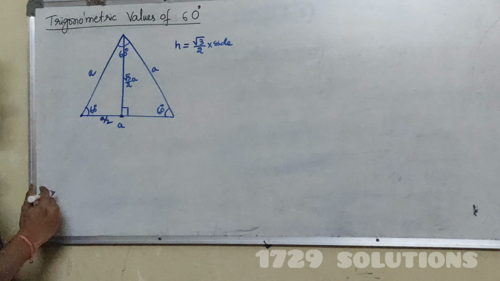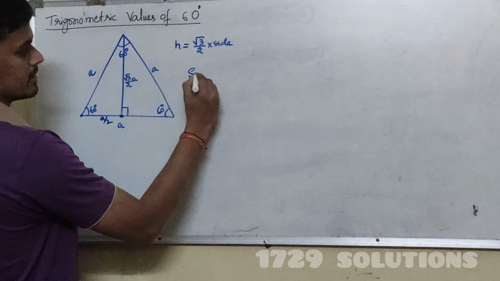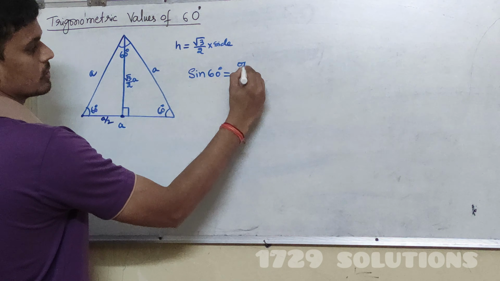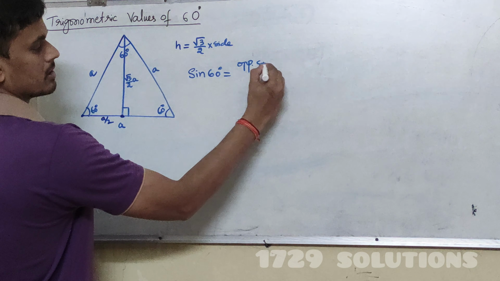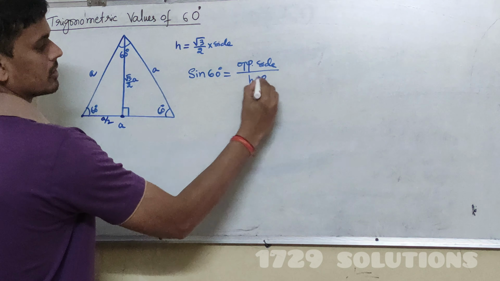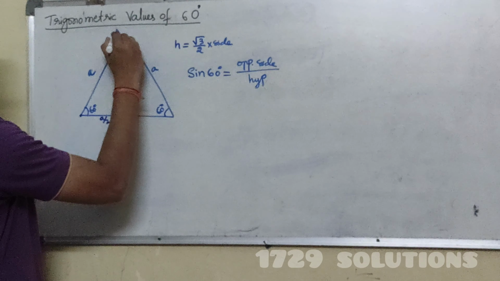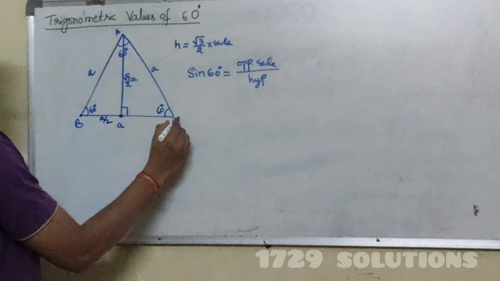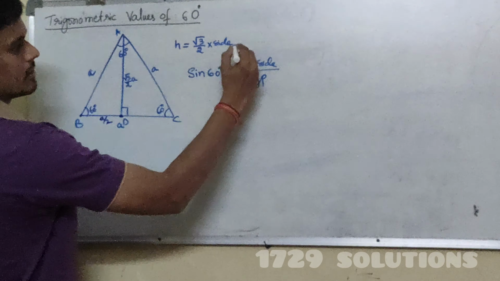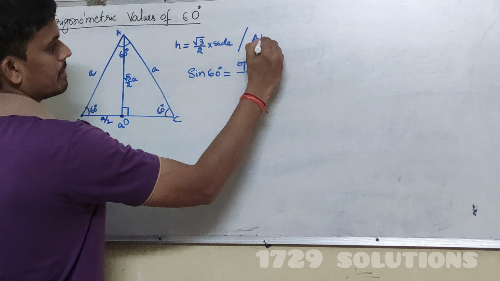Now we know very well about the formulas of sine. Sin 60 means sine formula: opposite side by hypotenuse. So for this triangle A, B, C, D, in this triangle, what is the triangle name? ABD. Use triangle ABD.